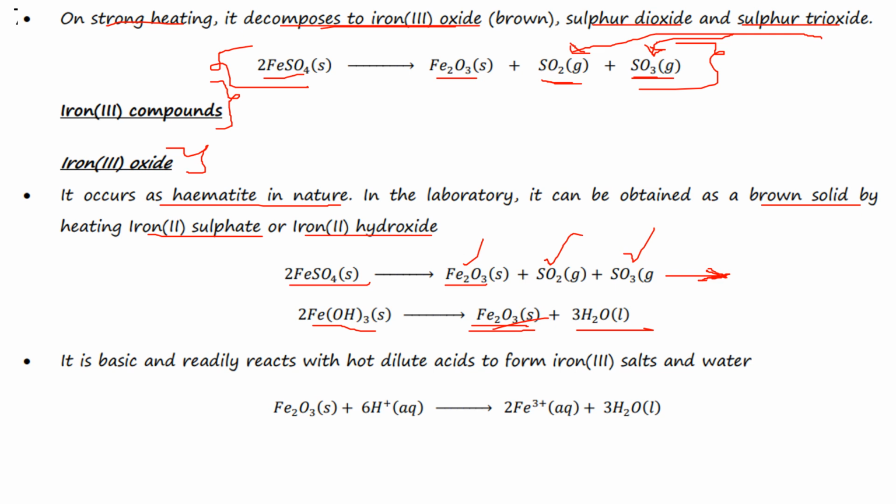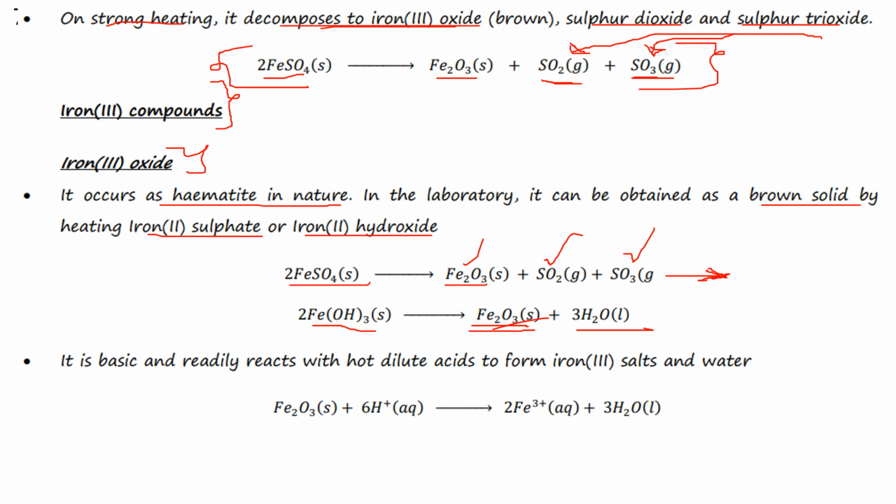When you're heating, water always evaporates and becomes steam. So the most correct student will be the one that writes the state of water as steam, since we have heating going on.